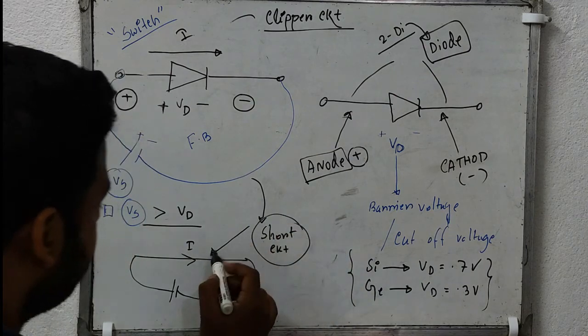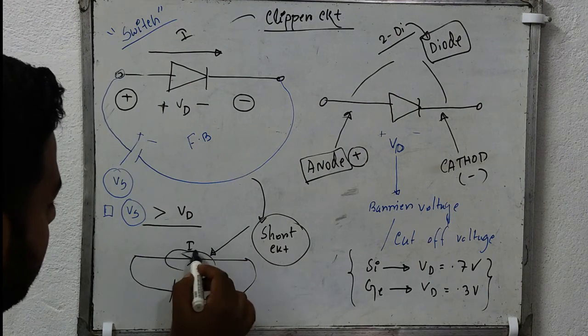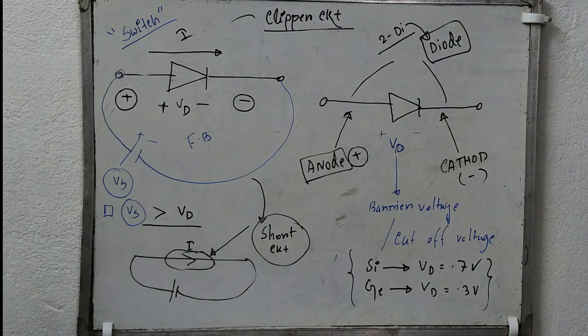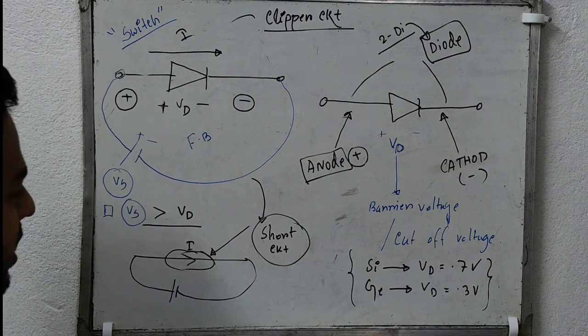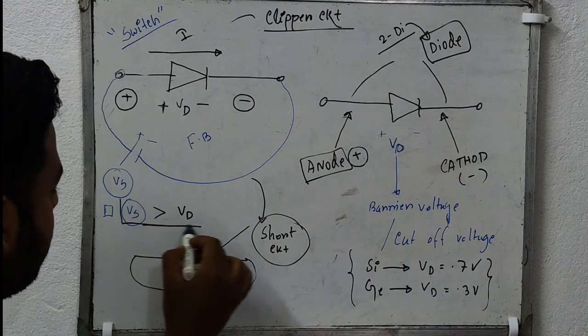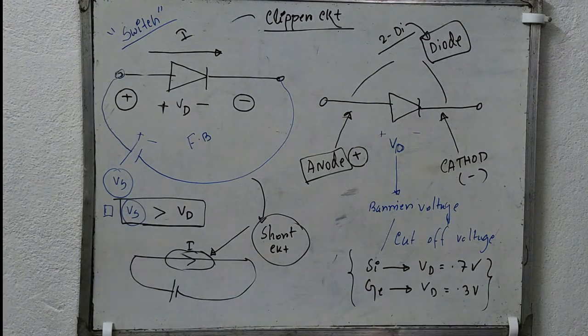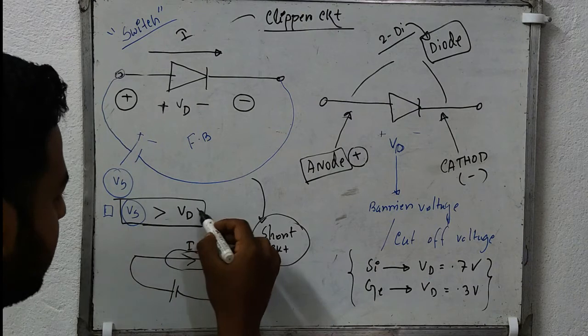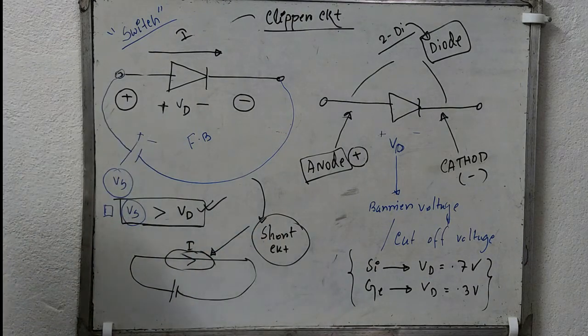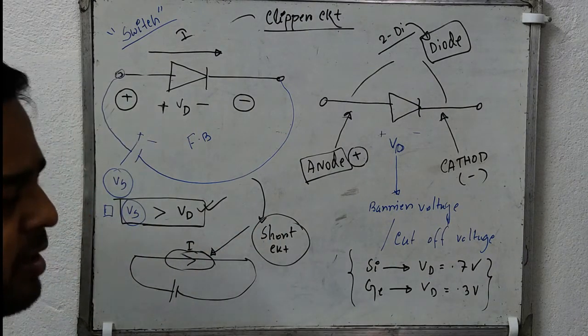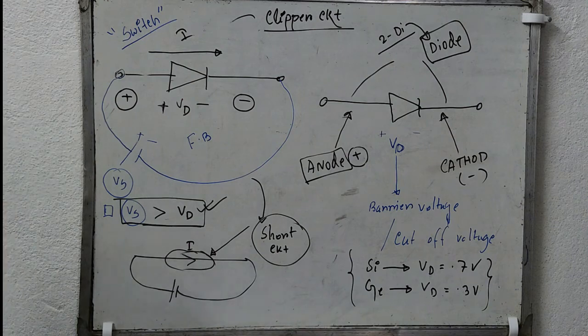There is nothing in this path, only current flowing when the source voltage Vs is greater than VD, the barrier potential. So this is one case: when the source voltage is greater than the barrier potential, the diode will act as a short path or short circuit.